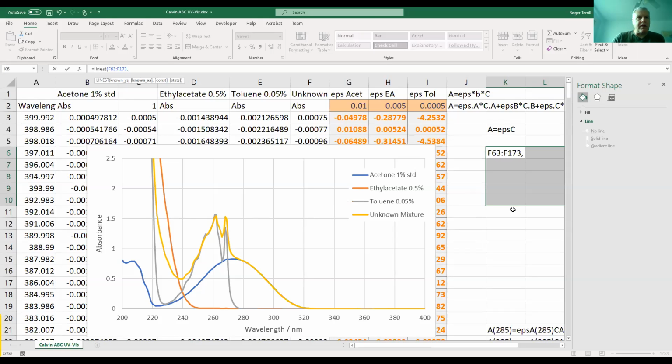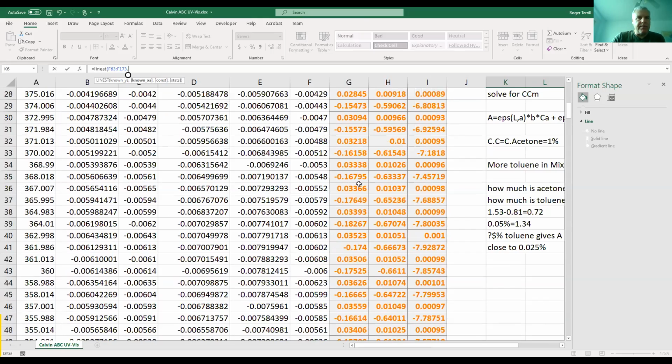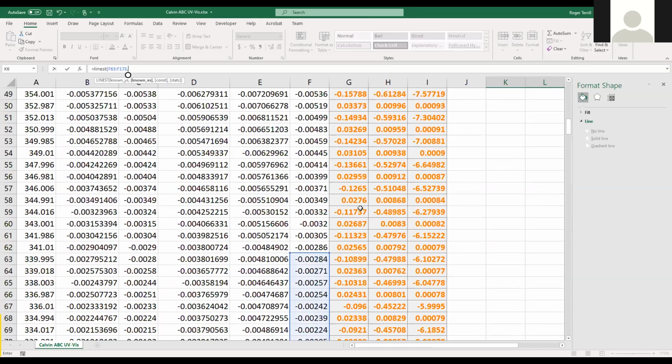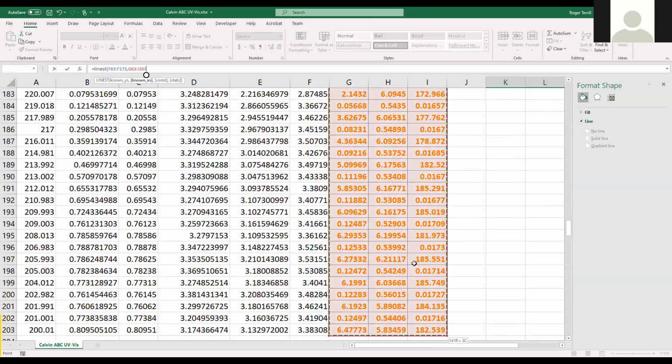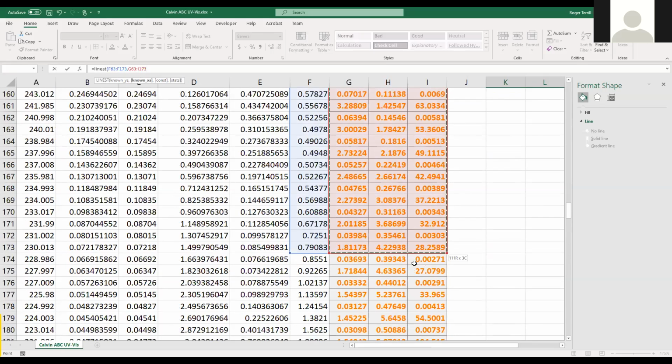The X values are going to be these three epsilon values, starting in row 63. And then we're going to say no constant and yes on stats.